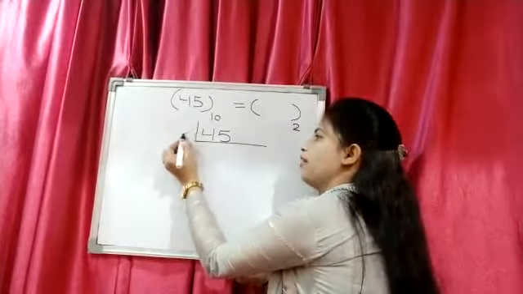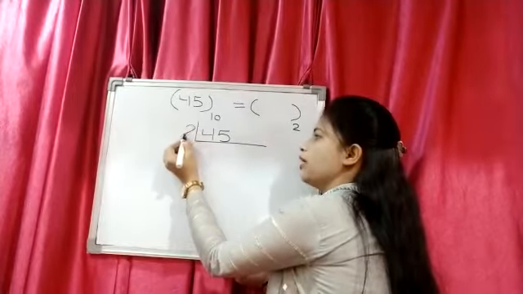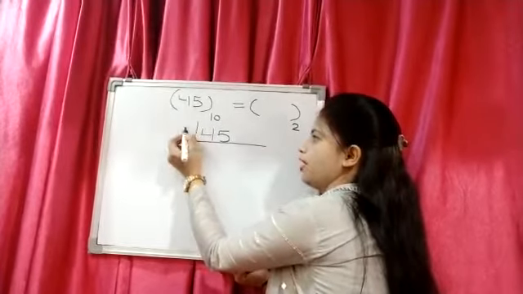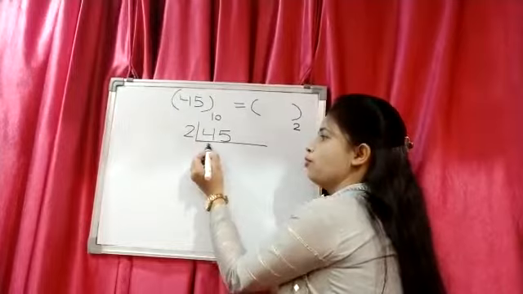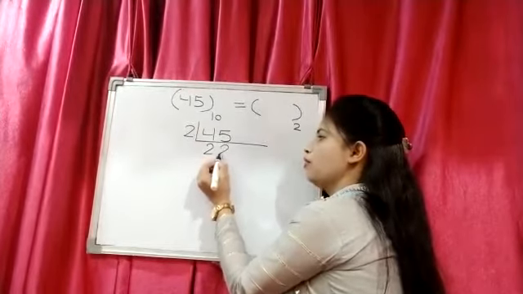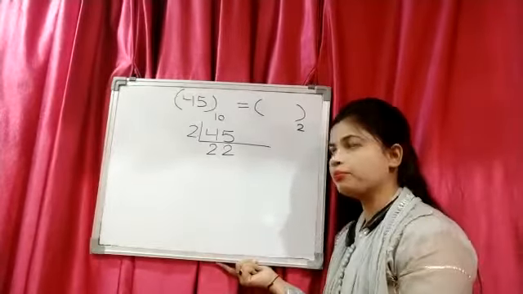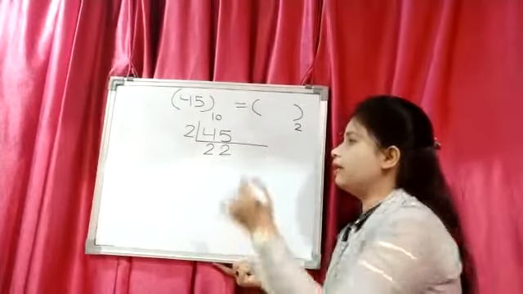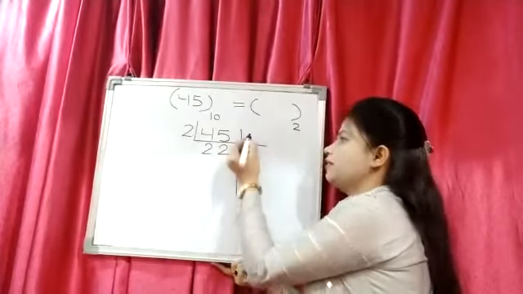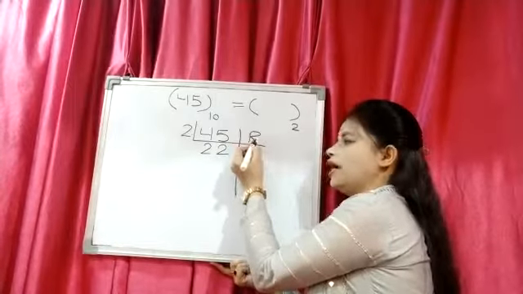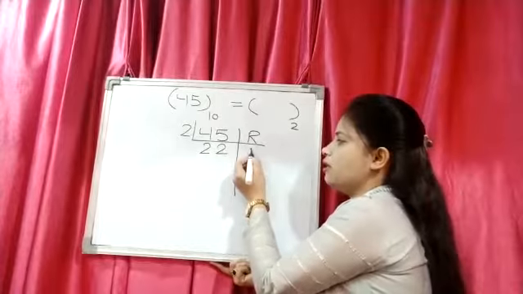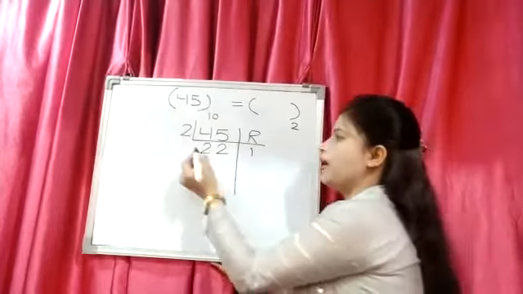So, it is divided by 2. 2 2s are 4. Next step, write the remainder on the right hand side. R is the remainder. What is the remainder here? 1 is the remainder. Write down the remainder here.